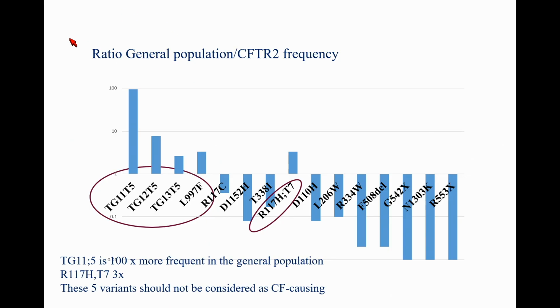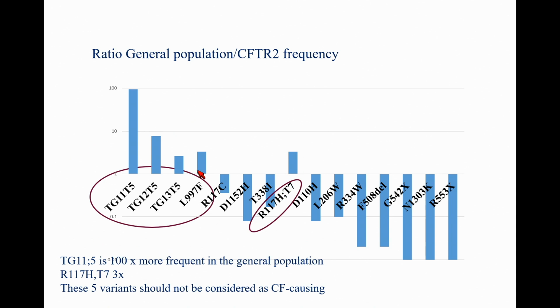When we calculated the ratio between the general population and the CFTR2 frequency for a given genotype, you can nicely observe that there are genotypes which are much more frequent in the general population: T5, TG11, TG12, TG13, L997F, and R117H T7. What does this mean? This means that TG11 T5, for example, is 100-fold more frequent in the general population, and also these genotypes are 3-fold more frequent in the general population.